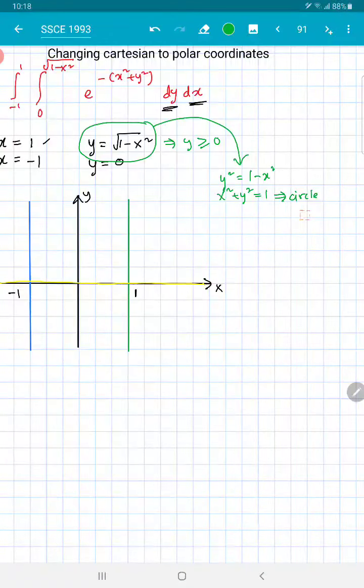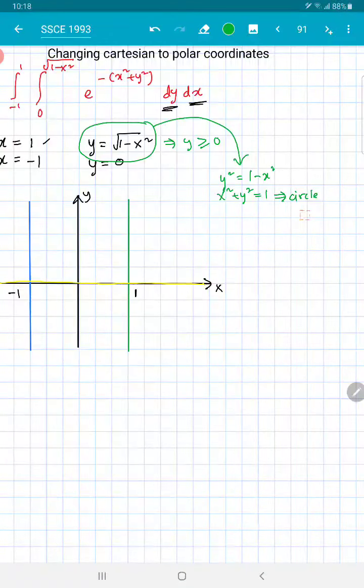Now let's get the limits for r. For r, we measure from the origin across your region. You can do it this way or this way, as long as it's in the region, provided that it starts from the origin. You can see that the region covers the origin, so it starts at the origin and then it stops on the red circle.